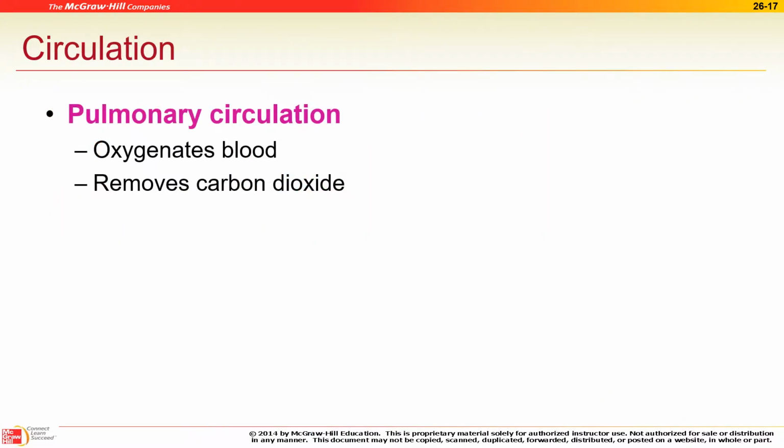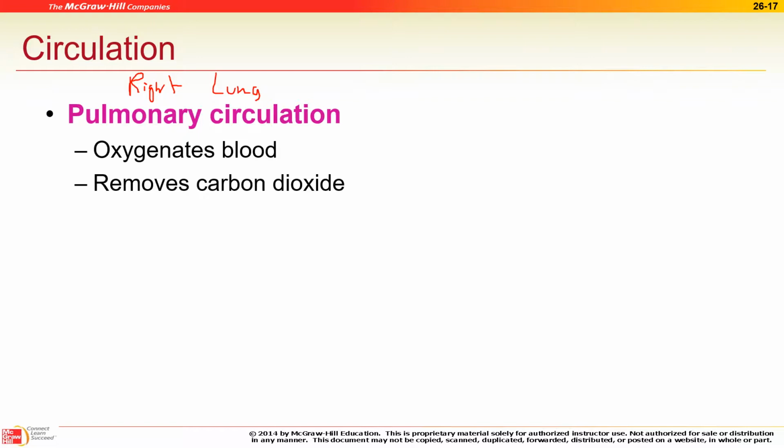Easy enough. Pulmonary circulation. So our heart has two pumps, a right side and a left side. They work in tandem. The right side of the heart pumps to the lungs. So that is called the pulmonary circuit. So the right side doesn't have to be that strong because it's just pumping next door. Right?